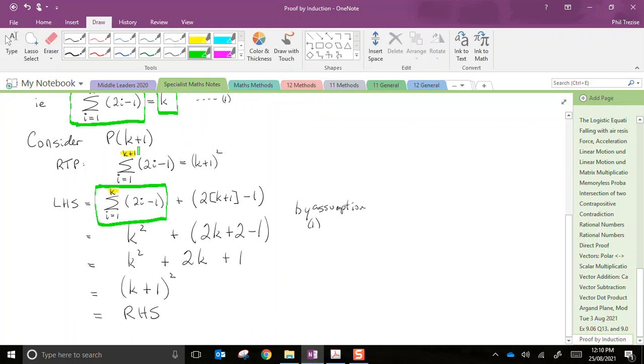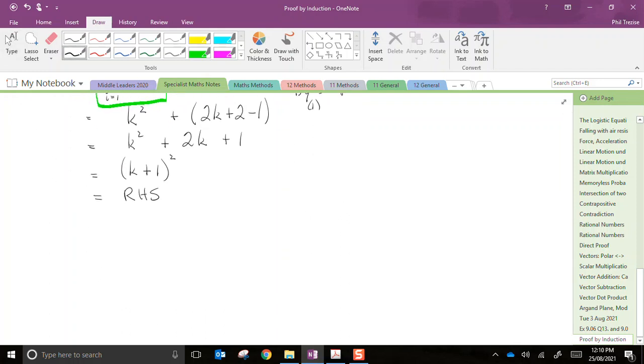So that means we know that proposition 1 is true, so it follows that proposition 2 must be true. And if we know that proposition 2 is true, it follows that proposition 3 must be true. And if proposition 3 is true, it follows that proposition 4 must be true, and so on forever. That's what we call mathematical induction.